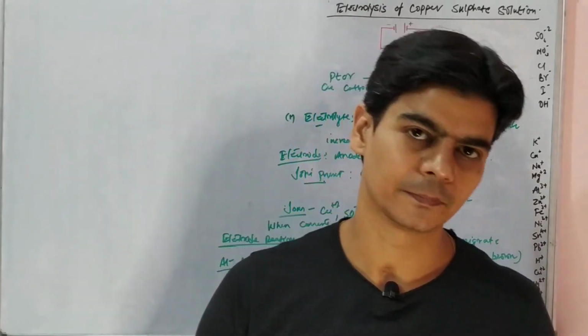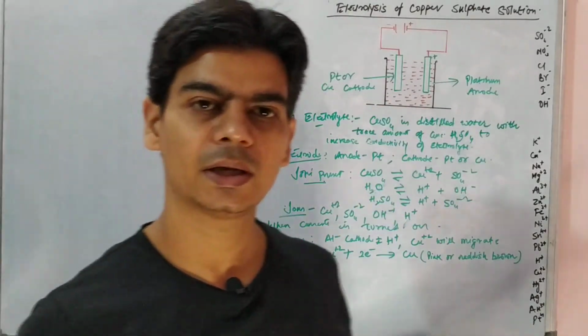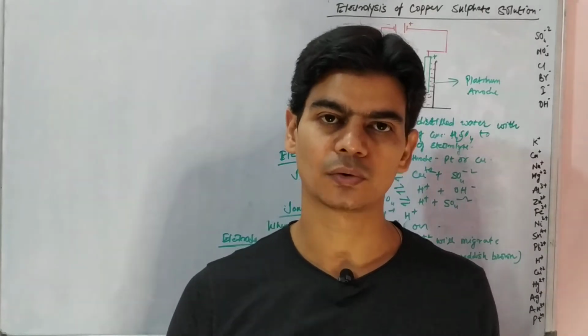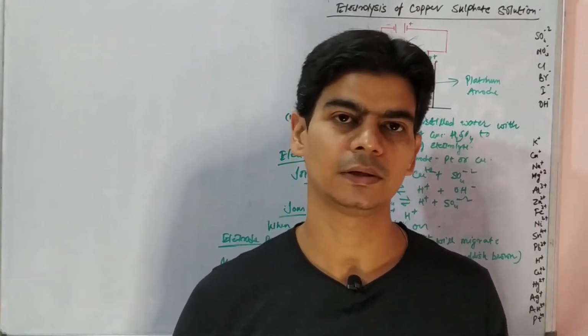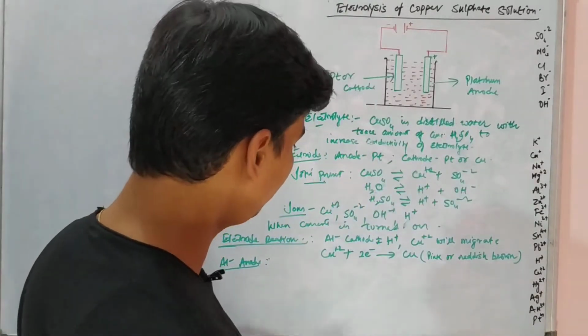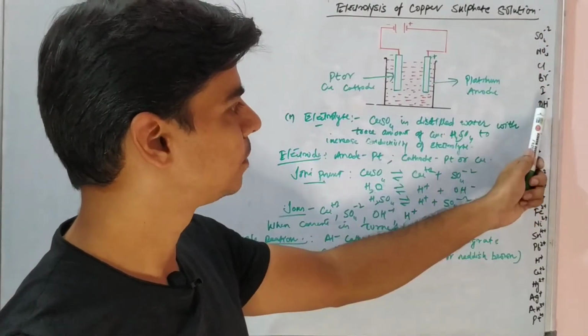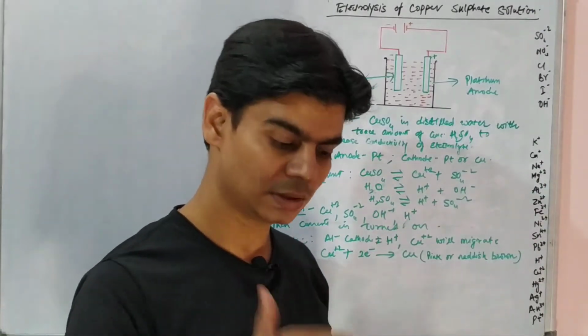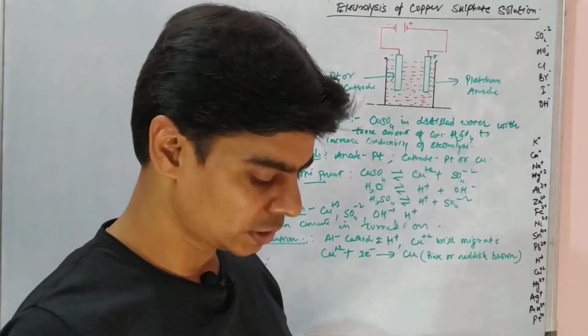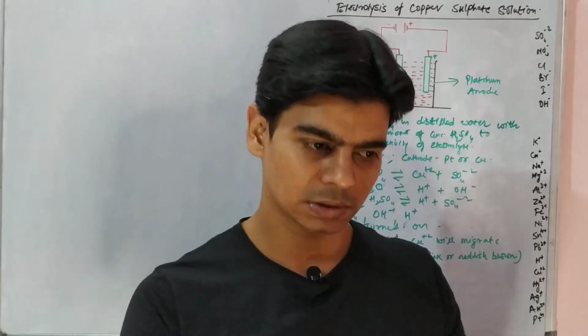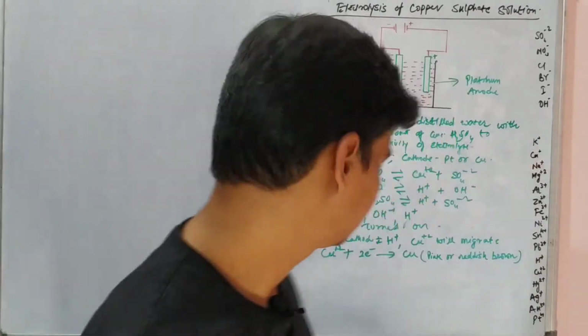Between sulfate and hydroxyl, which one will discharge at the anode? If we look at the electrochemical series of anions, sulfate is at the top and hydroxyl is at the bottom. So hydroxyl ion will discharge, because it lies below in the electrochemical series.